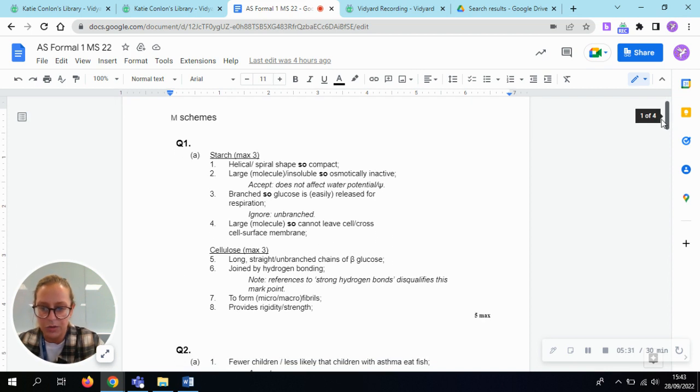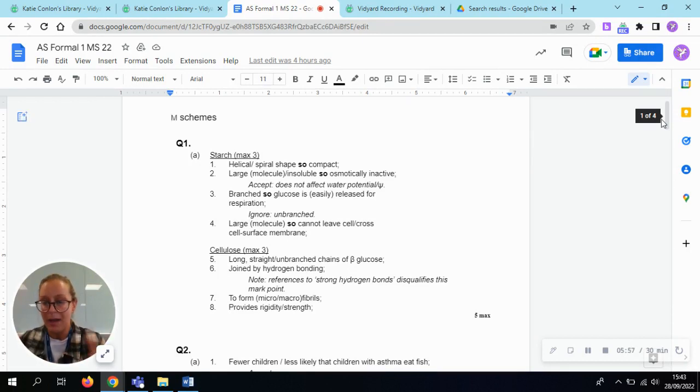So moving on to cellulose, we've got long, straight, or you can say unbranched chains of beta-glucose. Specifically, it is those chains that are joined together with hydrogen bonding. The way that people have phrased their answers, what they've written doesn't actually mean what they think they've written. For example, quite a few students wrote it's comprised of hydrogen bonds.